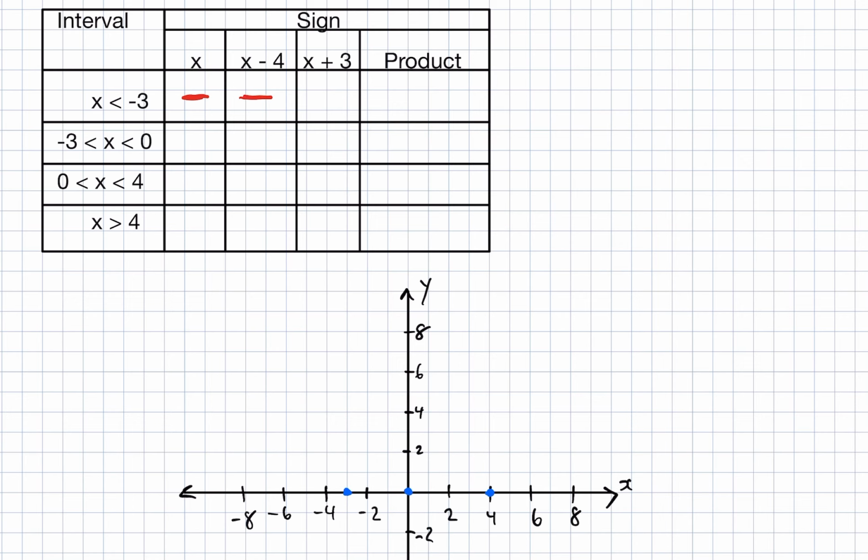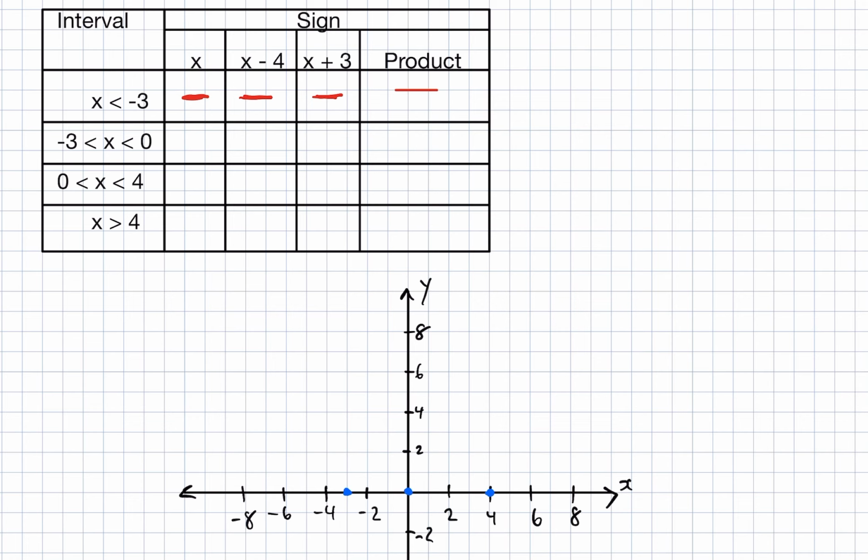Then negative 10 plus 3 is negative 7, a negative number, so another negative sign. Now a negative times a negative gives us a positive, but then a positive times a negative gives us a negative. So my product here is going to be negative.